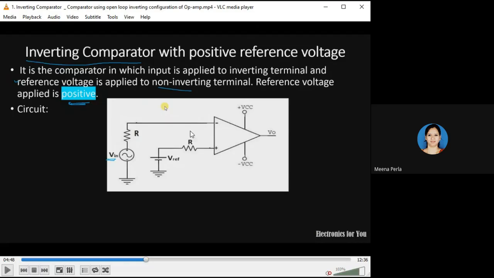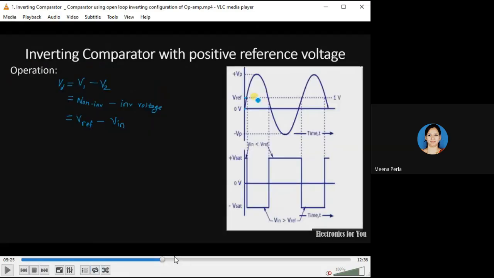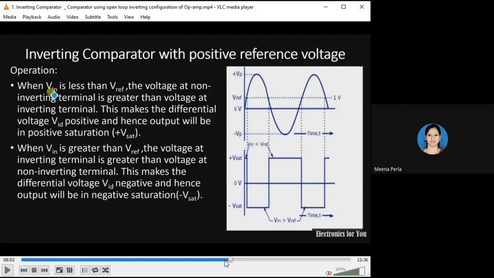Hope you all have drawn this circuit. So note down this operation and the waveform.